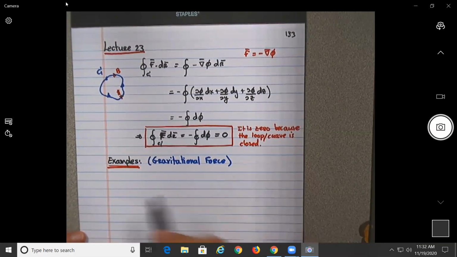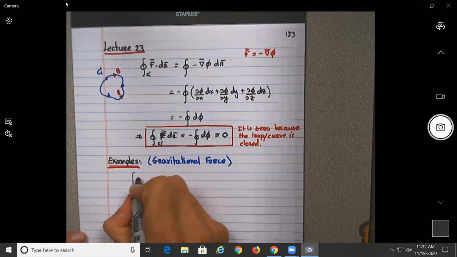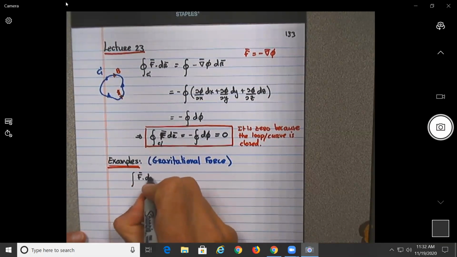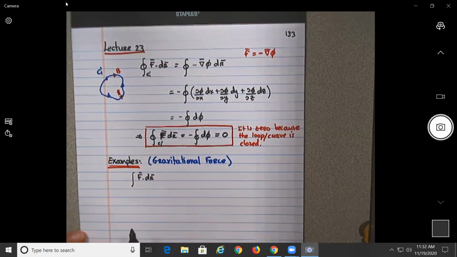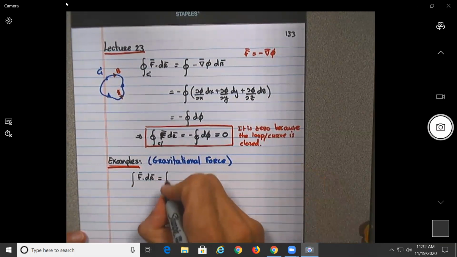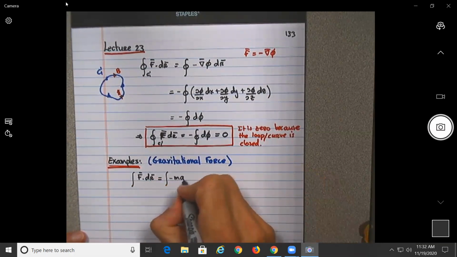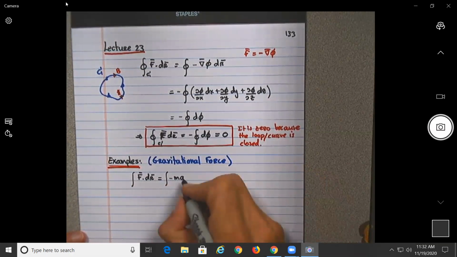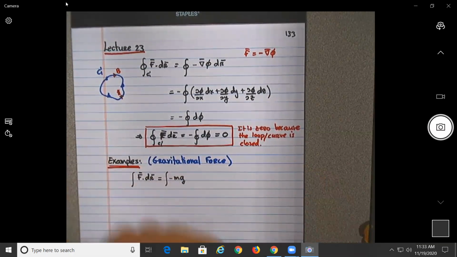So basically, if we look at what is the work done by the gravitational force, the expression, I will do a figure now, will be what? Minus mg. Let me do the figure.